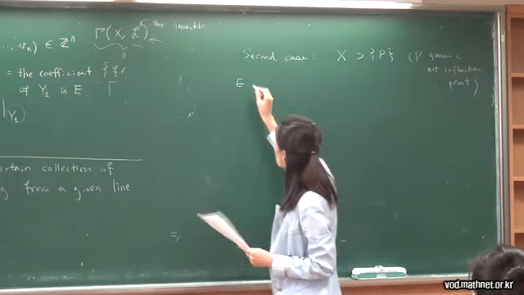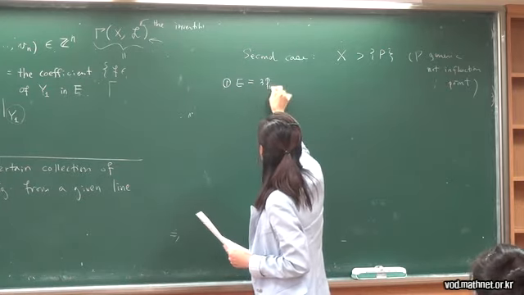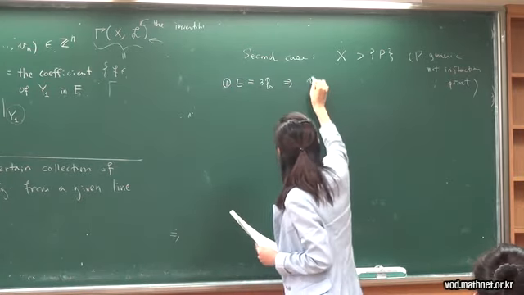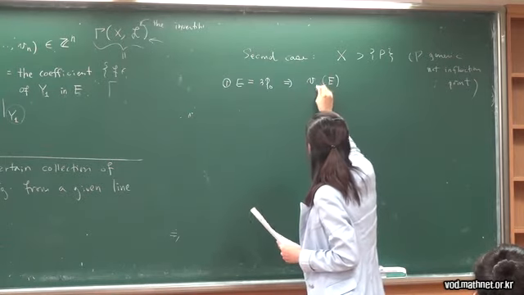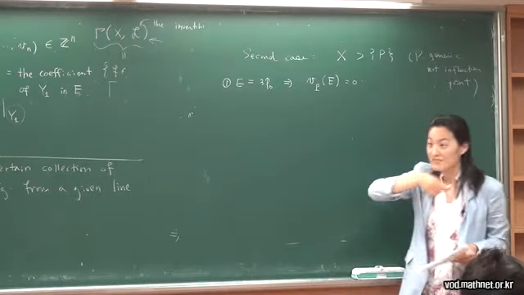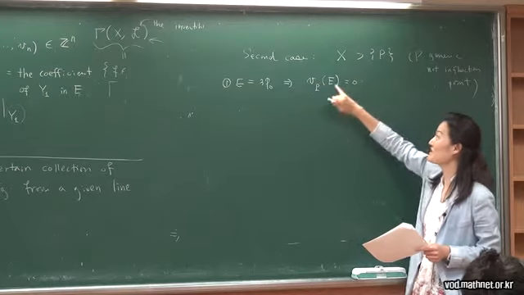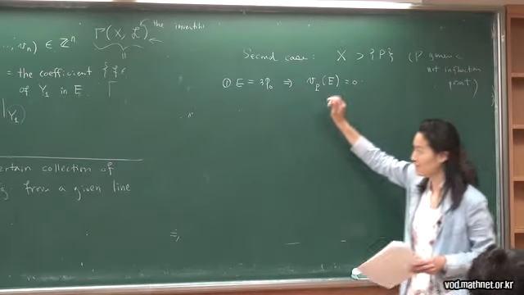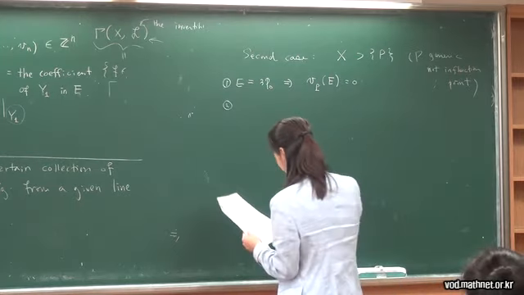Well, first case, if E is 3P naught, then the valuation of E with respect to P is 0. Then the coefficient of P appearing in E is 0. Okay, and now, what else?